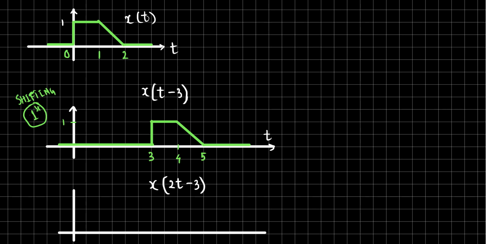So this 3 will come to 1.5. It will be somewhere here. It will go to 2 and go down to 2.5. So here it will be 1.5. This will be 3 and here it will be 2.